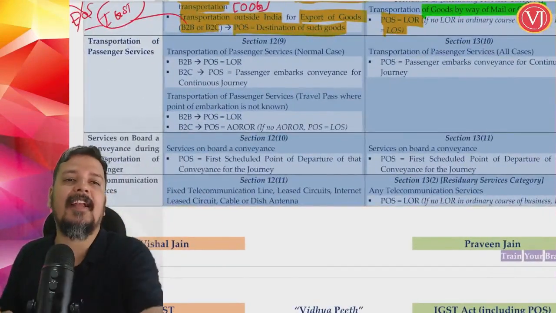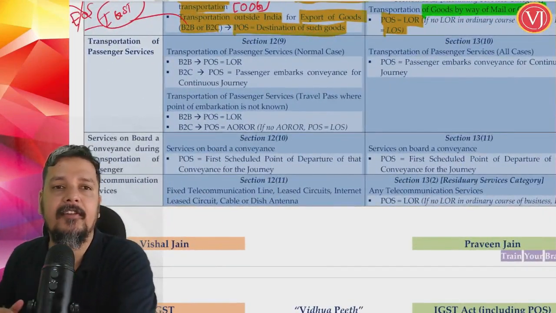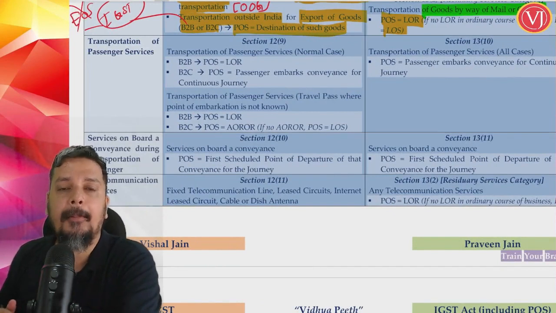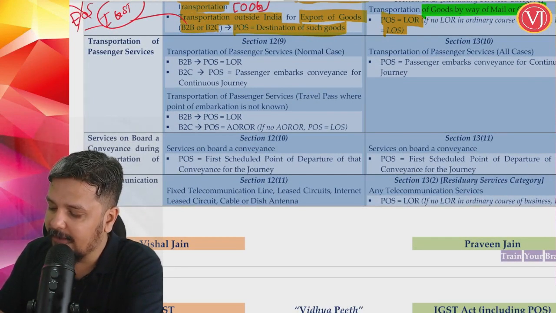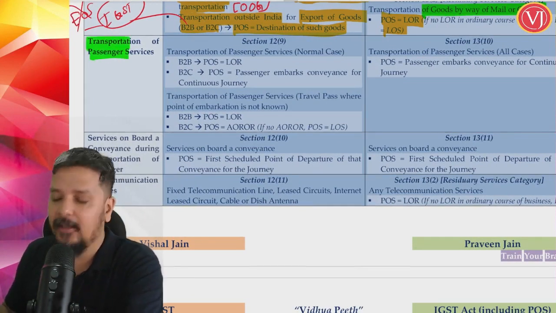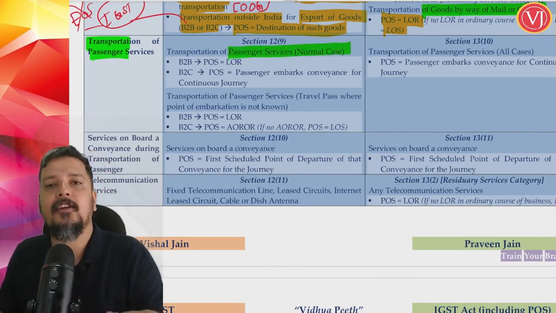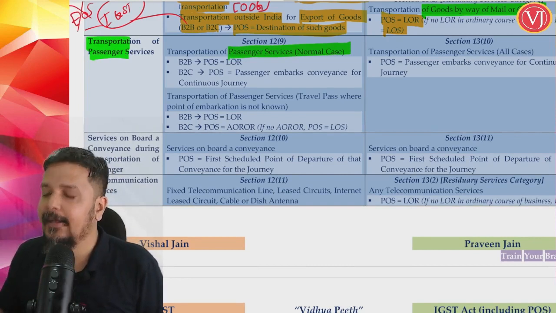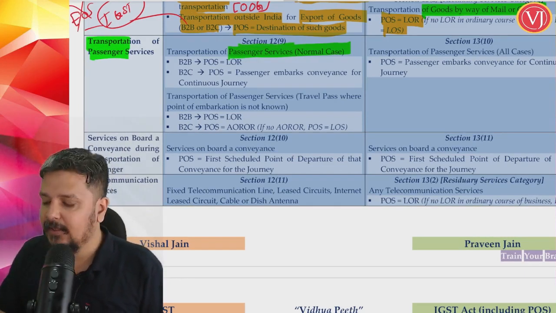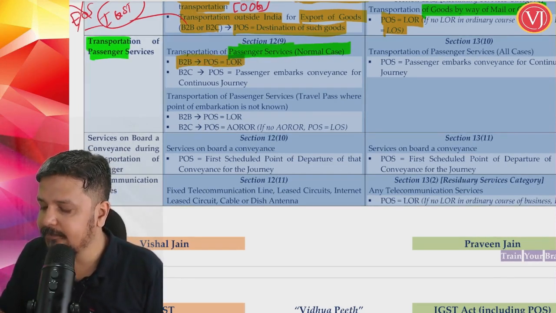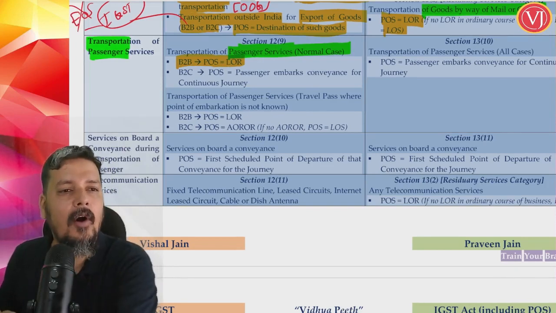Now, the moment we see transportation of goods, the next thing which will obviously come to your mind is transportation of passenger services. When you talk about transportation of passenger services, if at all transportation of passenger happens in section 12, which means both LOS and LOR in India, it is the normal category. If it is the normal category, B2B, the answer is very clear: LOR.